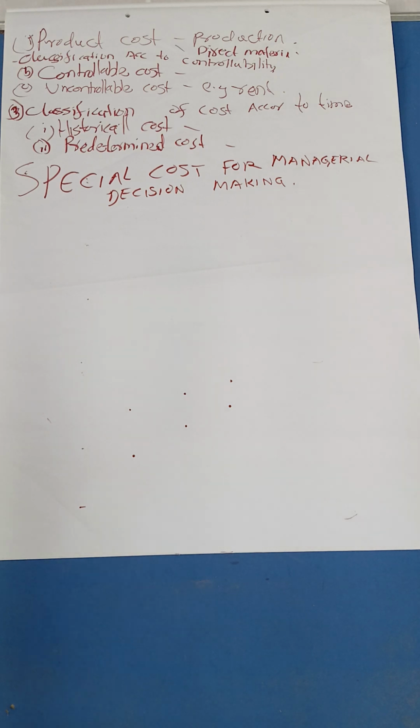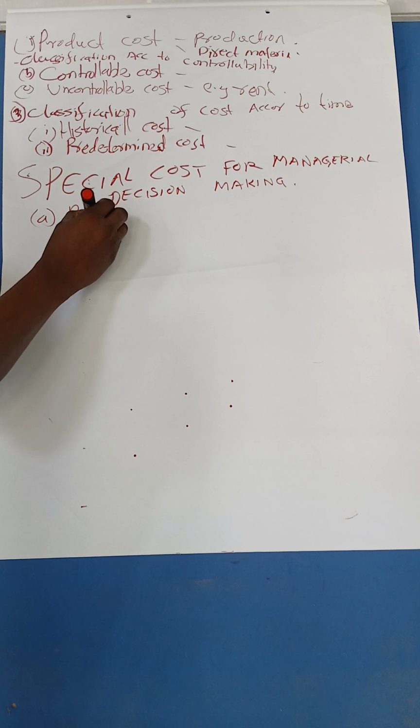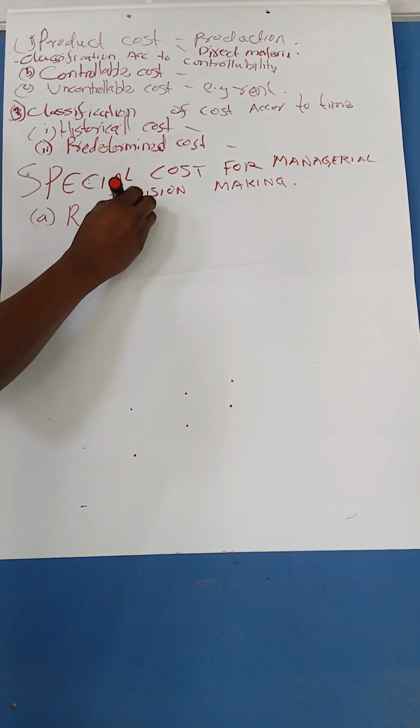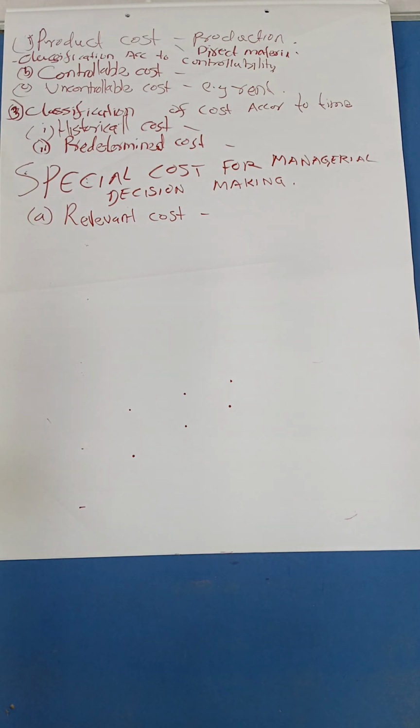We have relevant cost. In this case, we always say that these are costs which change from one decision to the next decision. They will be affected by the decision being made under different alternatives.